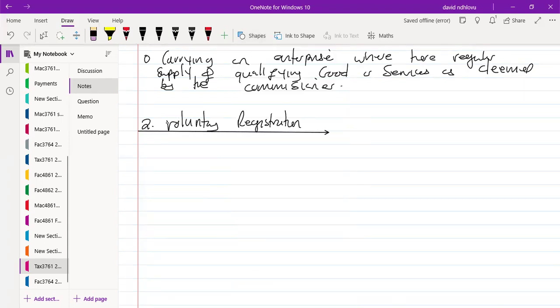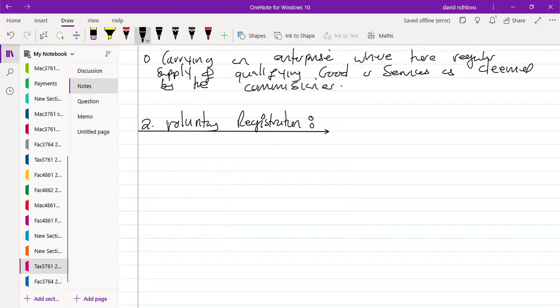Now, this is when someone is not expected to register for VAT purposes compulsorily, but maybe for the purpose of your business, it is crucial that you register. Maybe you are dealing with government departments that require that every supplier they deal with should have VAT. And you so desire, therefore, to be registered for VAT purposes, even though it is not compulsory.